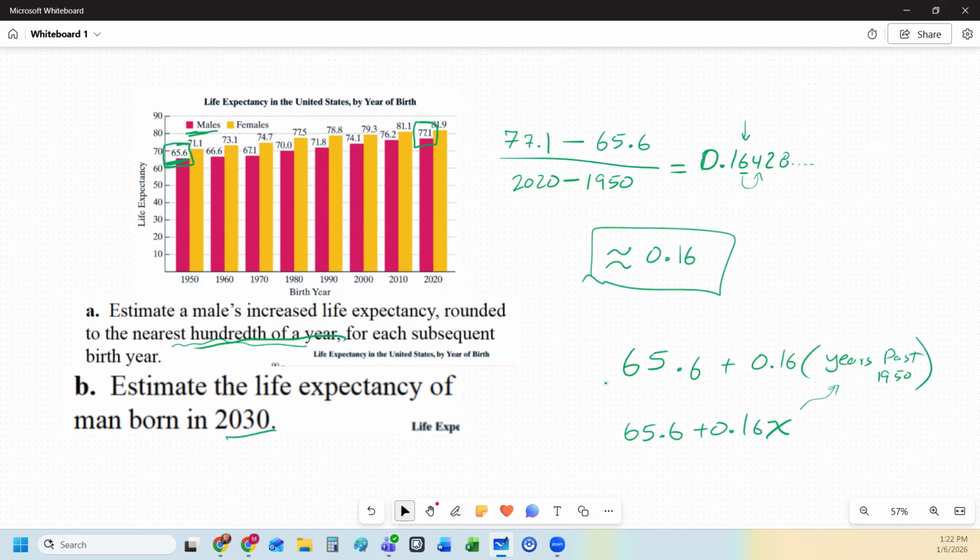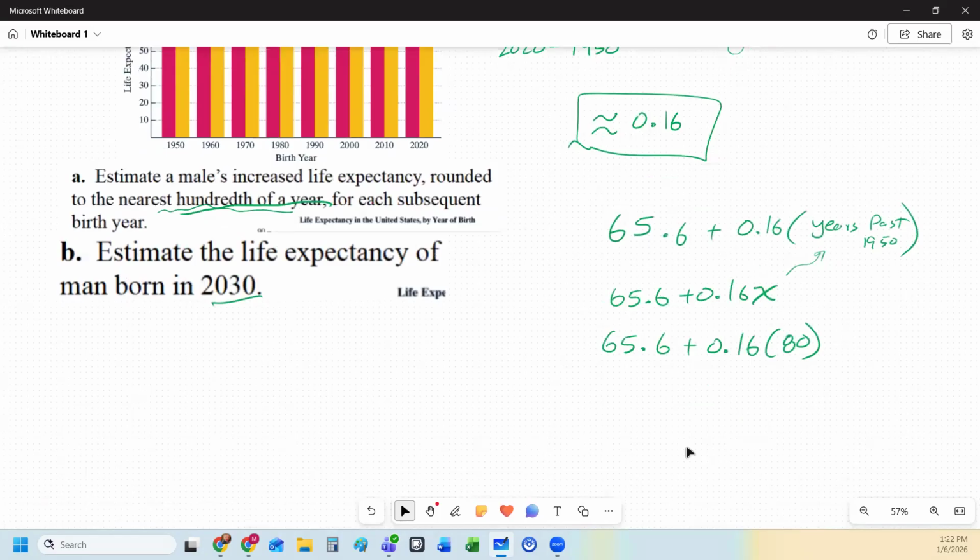Well, 2030 is 80 years past. So I'm looking at 65.6 plus that increase of 0.16 multiplied by 80 years. And again, this ends up being 78.4.